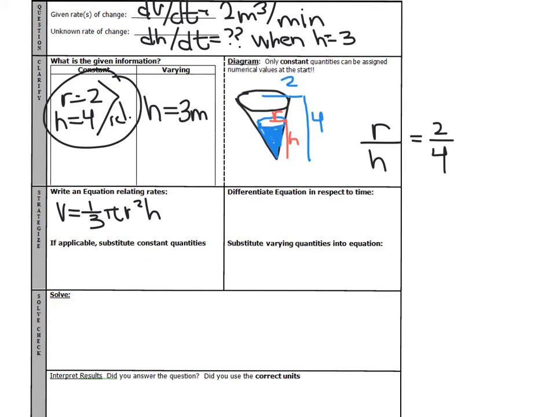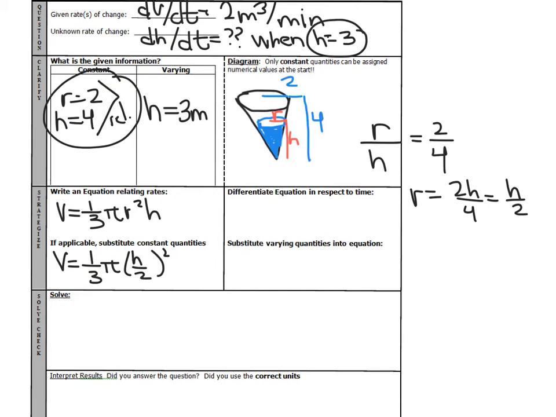And so then we would know that radius, if we cross multiply, is 2h over 4, which is h over 2. So what we can do is rewrite this so it's all in terms of h. I'm leaving it in terms of h because I want to know when h is 3. So I have 1/3 pi, but instead of r squared now, it's going to be (h over 2) squared times h. Okay, does that work for you?